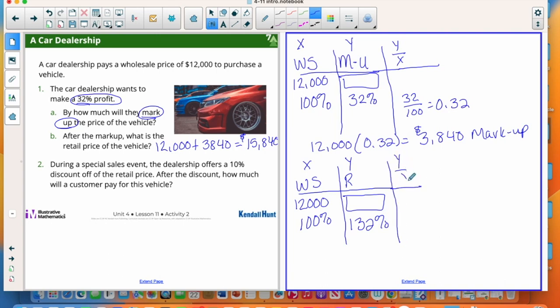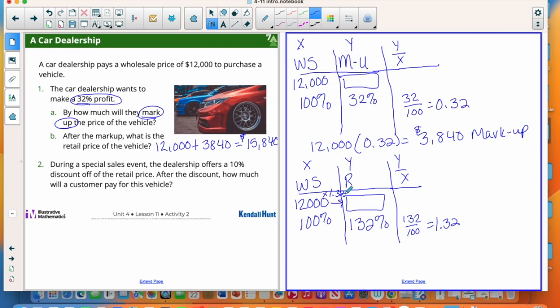And so Y divided by X, can't use the first row, we don't know the Y value. Use the second row to get 1.32, 1 and 32 hundredths. And then we multiply that by $12,000 and we get $15,840.